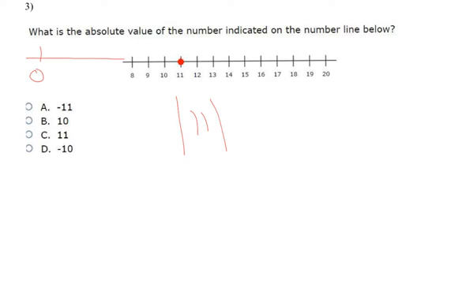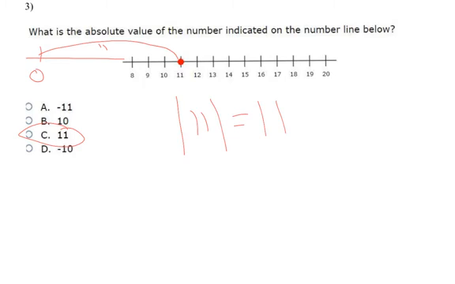How many units is 11 away from 0? Well, that's going to be a distance of 11 units, and you're talking about distance, so your answer is always positive. So the absolute value of 11 is 11. And so that's going to make C my final answer.